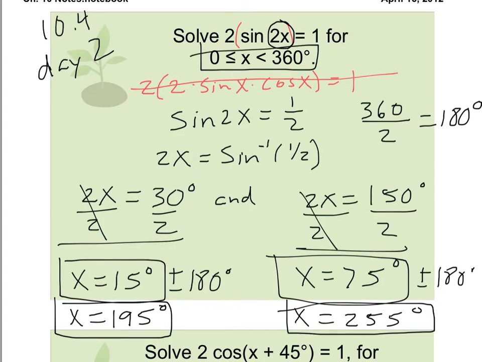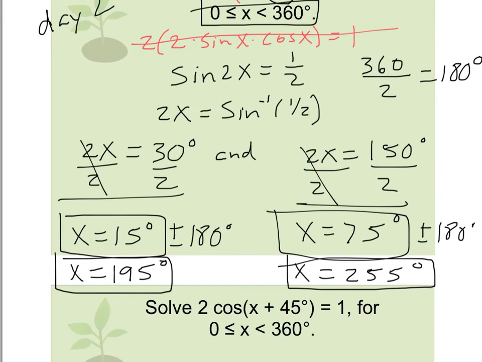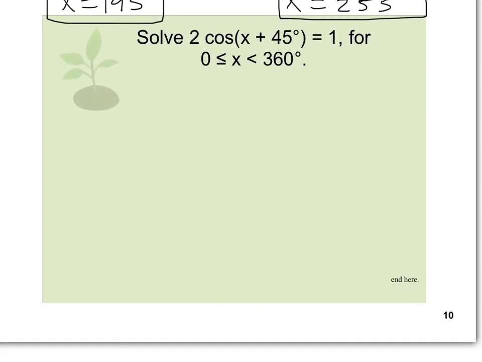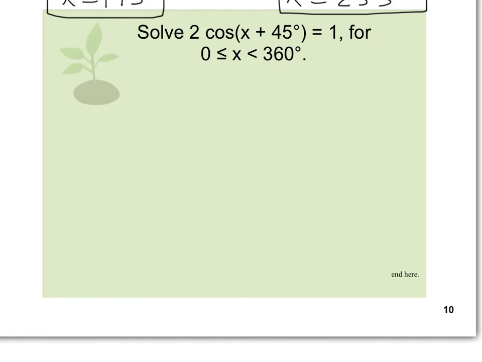A little bit different here, though, as applying a double angle formula was not something we wanted to do. Likewise, on this one, it might be tempting to look right here and say, hey, let's apply a sum formula. We can take that part in parentheses and rewrite that as cosine of x times the cosine of 45 plus the sine of x times the sine of 45, and that all equals 1.